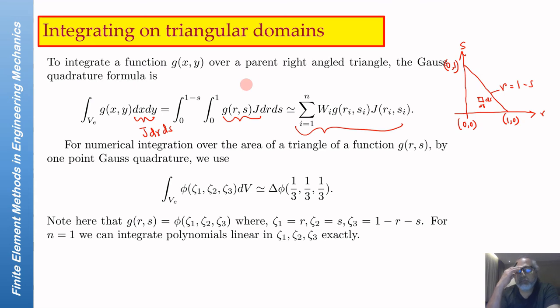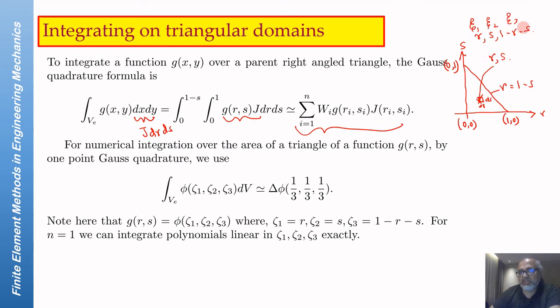Now we know that for triangles to denote a point we sometimes use area coordinates. So this point has r, s, and its area coordinates would be r, s, 1 minus r minus s. Let's call them zeta 1, zeta 2 and zeta 3.